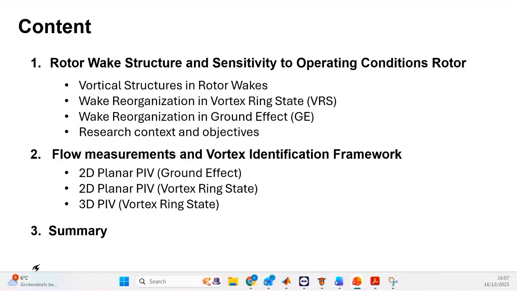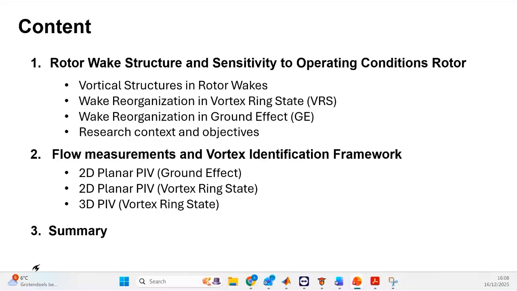In particular, I'm going to focus on two different operating conditions, because we have the rotor wake structure, and if we modify the operating condition of the helicopter rotors, the wake structure changes. That's the reason I'm focused on ground effect and also vortex ring state, because both conditions can be a little bit dangerous for the rotor.